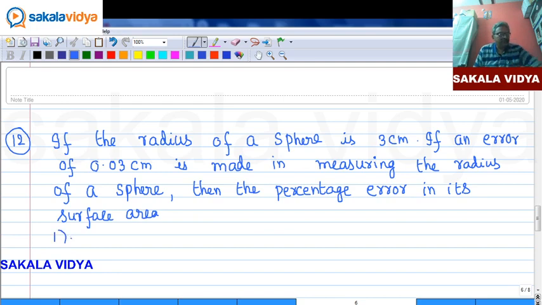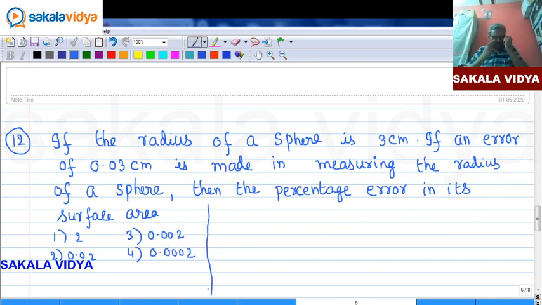First option 2, second option 0.02, third option 0.002, fourth option 0.0002. This is the question. Okay.